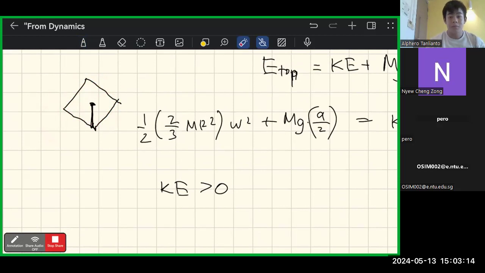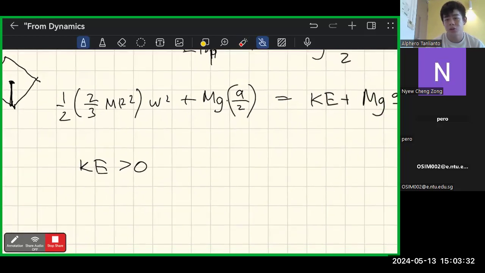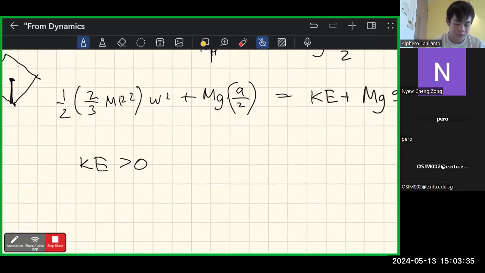But in physics, if the KE is exactly 0 at the top, it will stop because there's no wind, no friction in this problem. But in reality, it will either go back or go to the other side. So it's at least bigger than 0. 0.00 something will do.